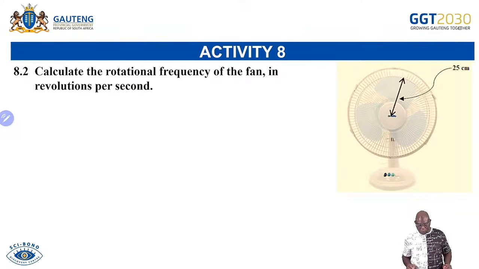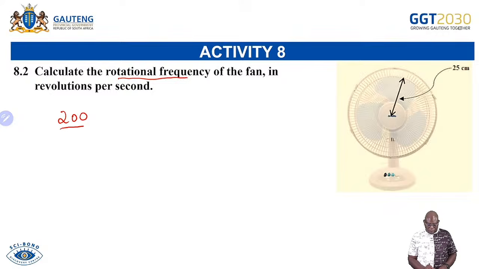In 8.2, they say calculate the rotational frequency of the fan. I know that the rotational frequency is 200 revolutions per minute. So it will be this over 1 minute. Now I want it in seconds. So it will be 200 over 60 seconds.